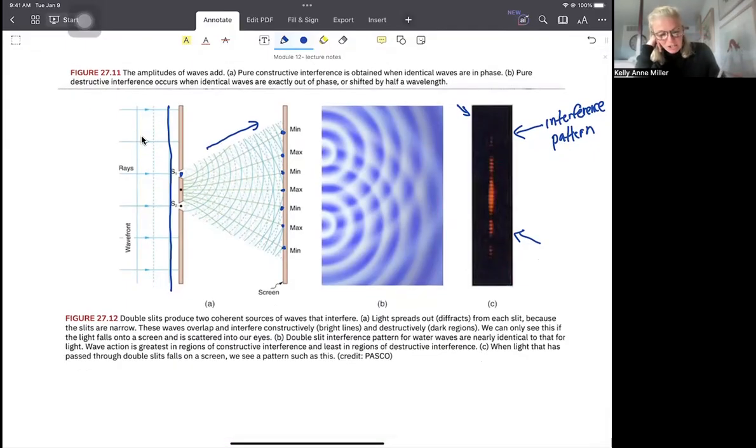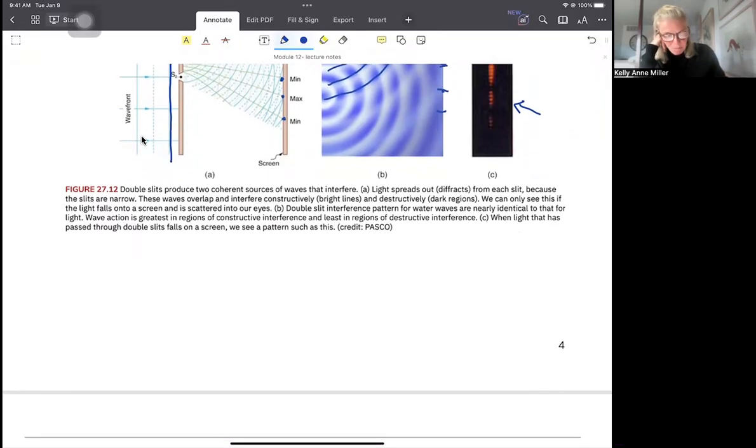Each of these is a wavelet as it spreads out from the slit, at a different point in time. When they reach the screen, they add or subtract depending on how out of phase they are.